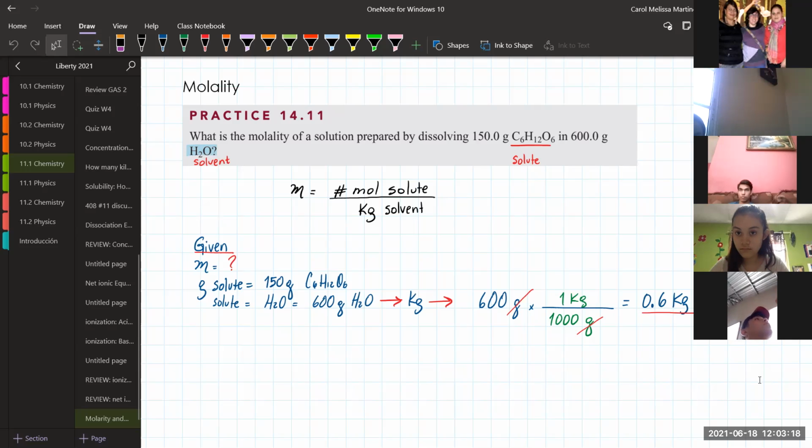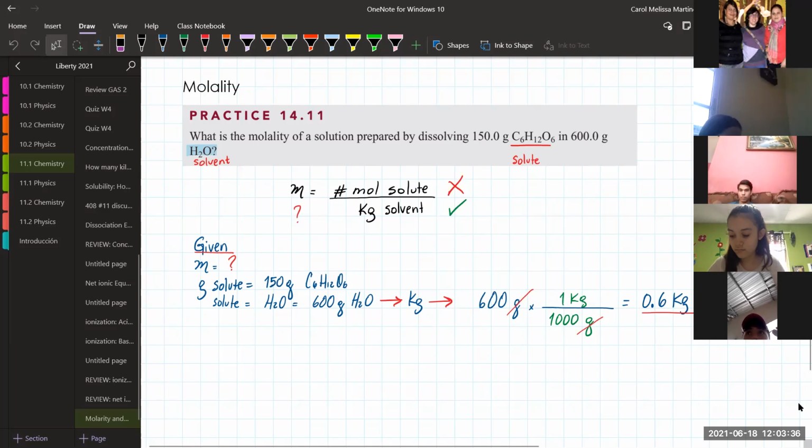Okay. So the idea of this problem is, I need the molality. I don't have the moles of solute. I do have the kilograms of solvent. So to find molality, I need to know the moles of solute.